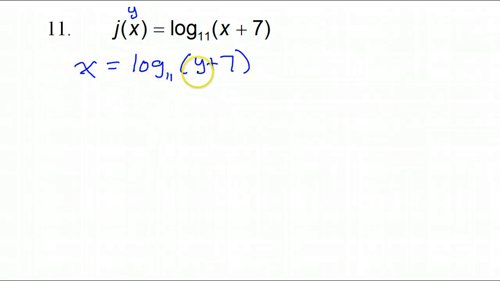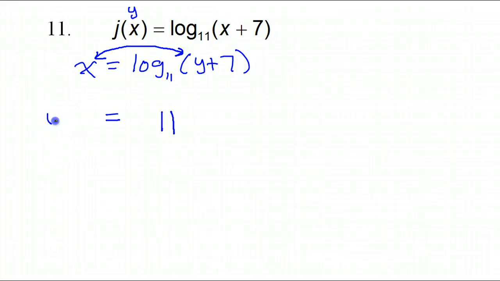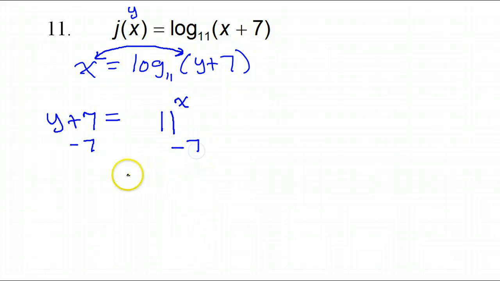So now we have to solve for y. Guess what? Exponent form. Starting with the base 11. Okay, bring that down. Now the x and the y plus 7 are going to change sides. So the y plus 7 is going to jump over here. The x is going to come over here and become the exponent. Trying to get y by itself, so you know, minus 7.